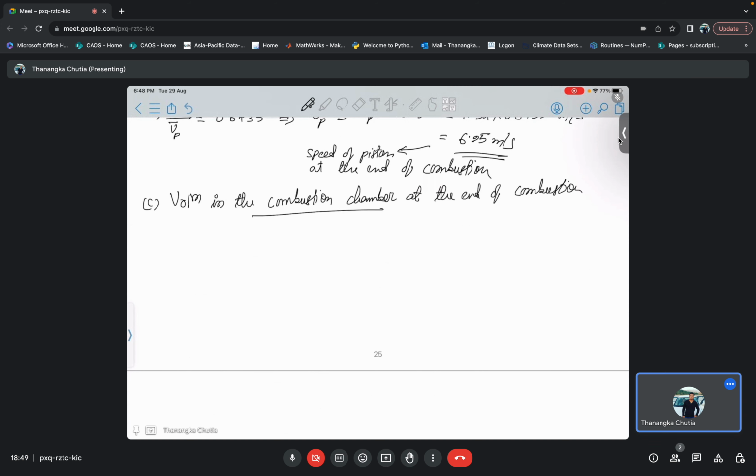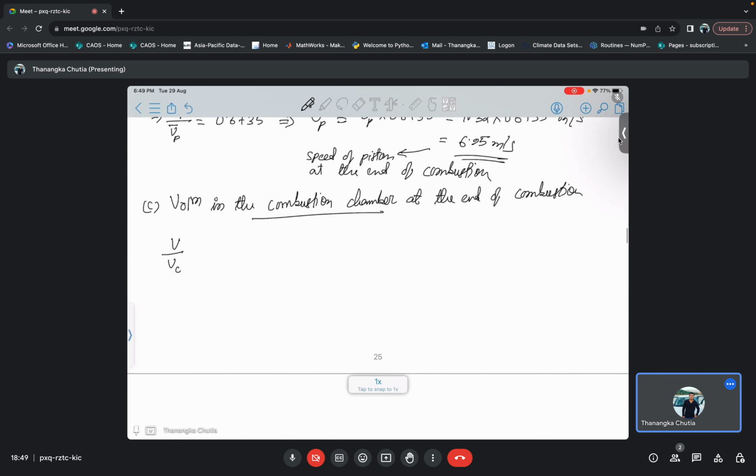Once again we know V by Vc is equal to 1 plus 1 by 2 times compression ratio minus 1 into r plus 1 minus cos theta minus root over r square minus sine square theta.